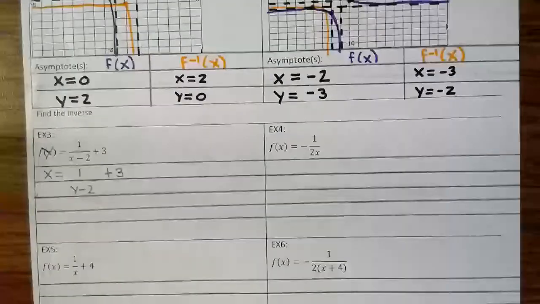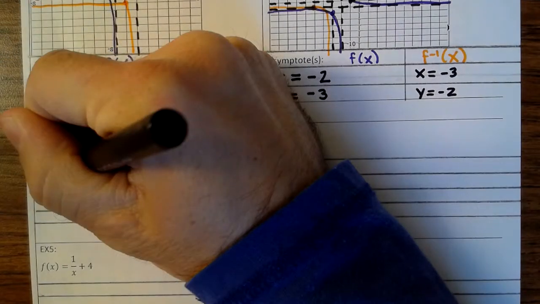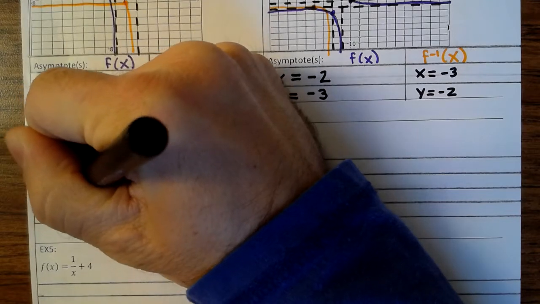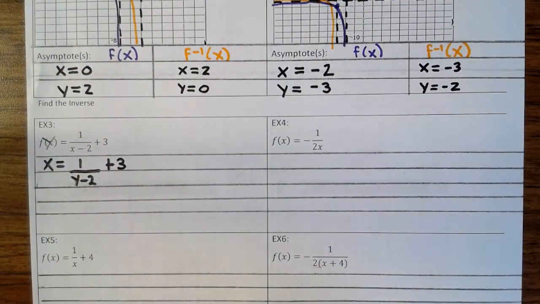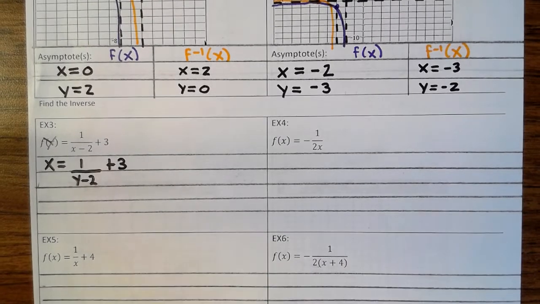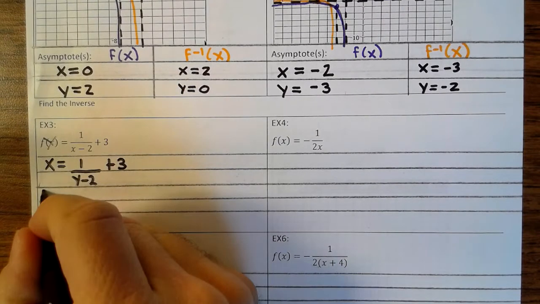I think I'm going to use black pen so you can see where the fraction is. Now next we're going to subtract 3 from both sides, so that's x minus 3 equals 1 divided by y minus 2.